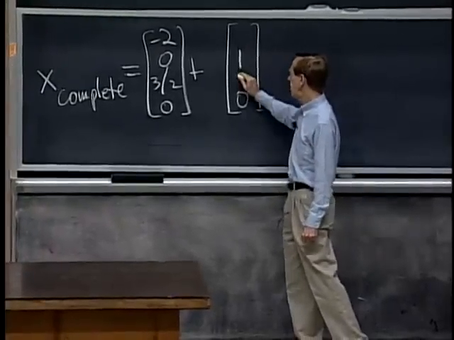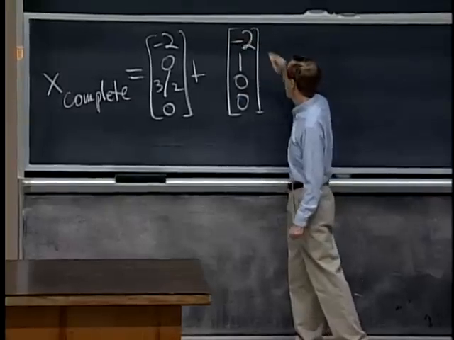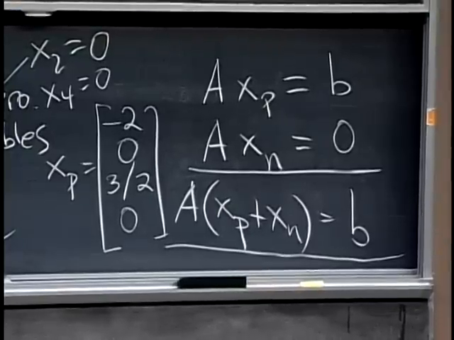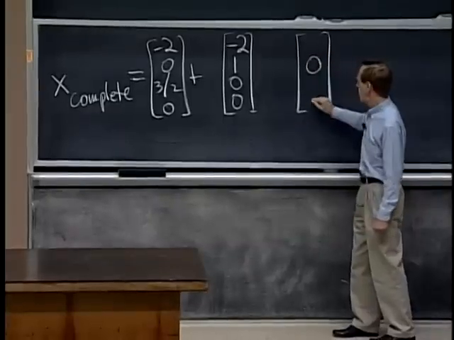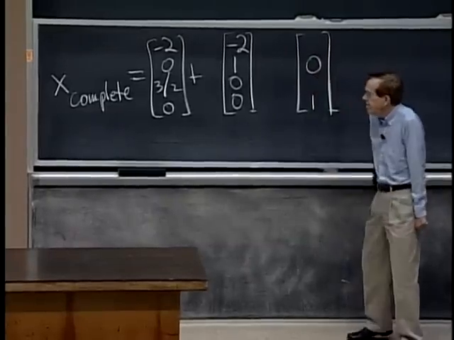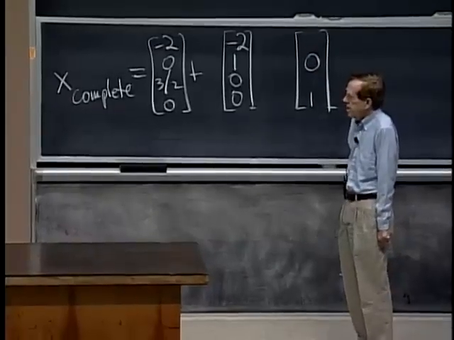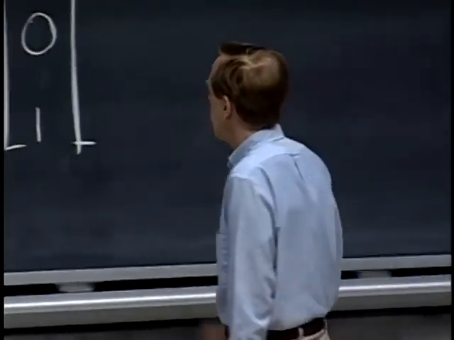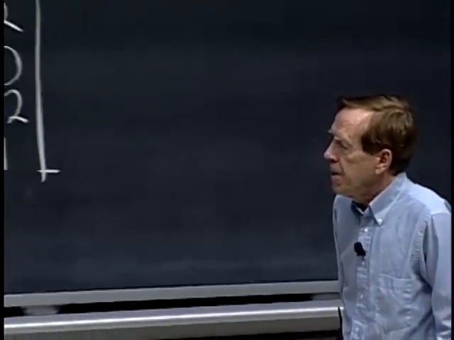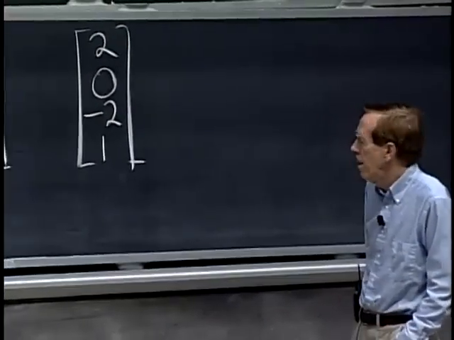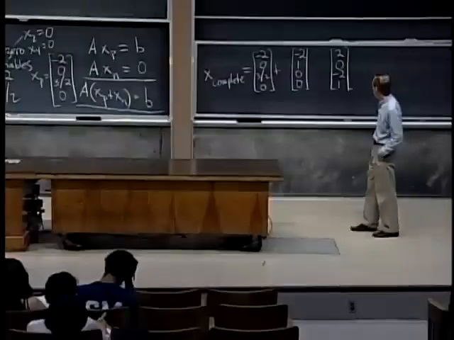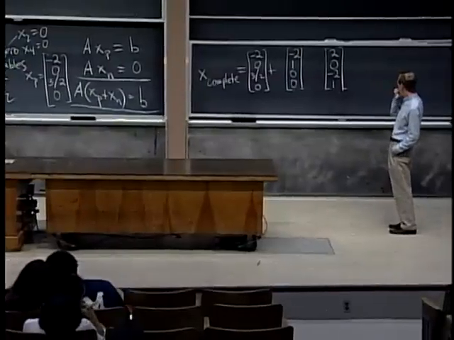I've forgotten what they were, but maybe it was that. That was a special solution, and then there was another special solution that had that free variable 0 and this free variable equal 1, and I have to fill those in. Let's see, can I remember how those fill in? Maybe this was a minus 2 and this was a 2 possibly. I think probably that's right. Does that look right to you?